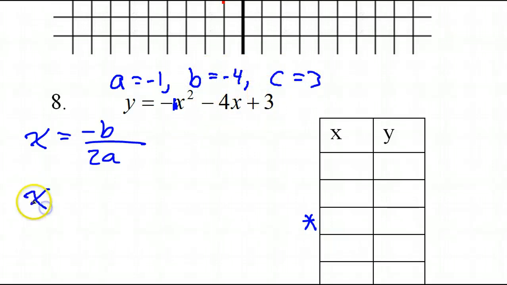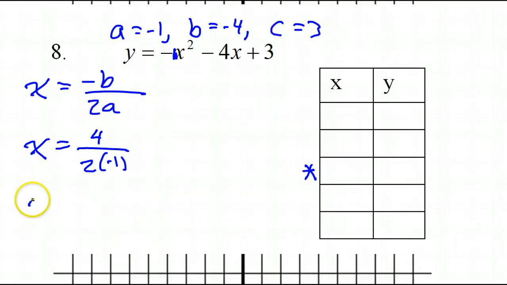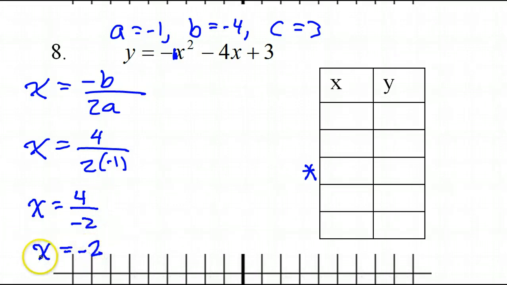So the opposite of b, b is negative 4, will be positive 4. 2a is 2 times negative 1. So that's 4 over negative 2, which gives us x equals negative 2. And this is our axis of symmetry.